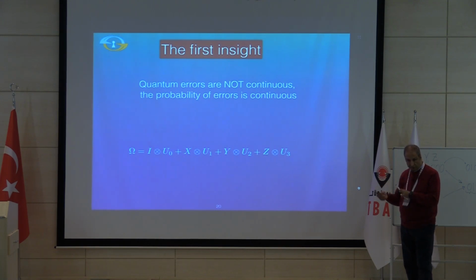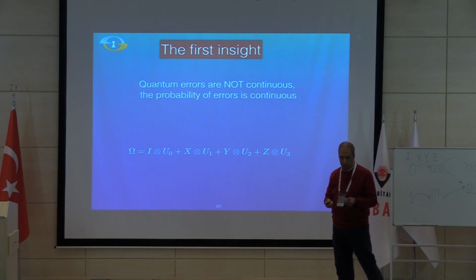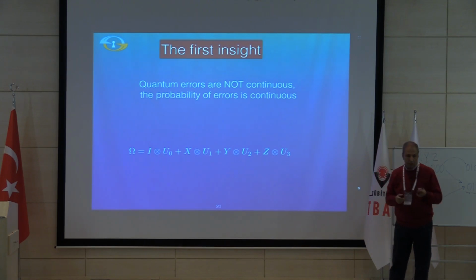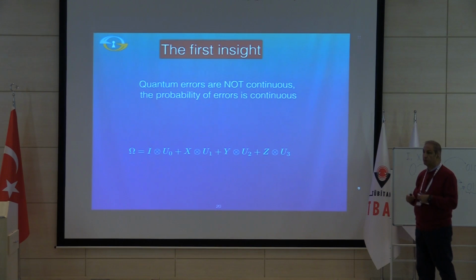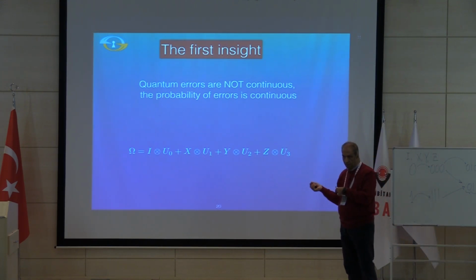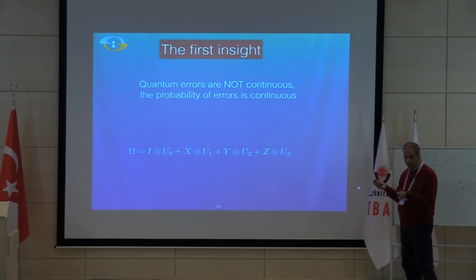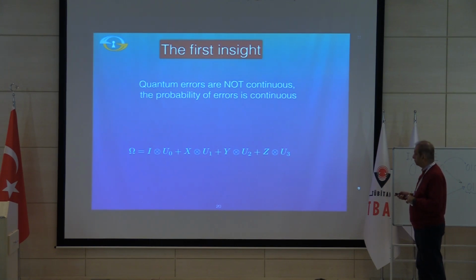And they are acting on the environment, and effectively they determine the probability of this error. The probability of no error is determined by U0. The probability of an X error is determined by U1. The probability of a Y error is determined by U2, etc. That's the first one, the first insight.